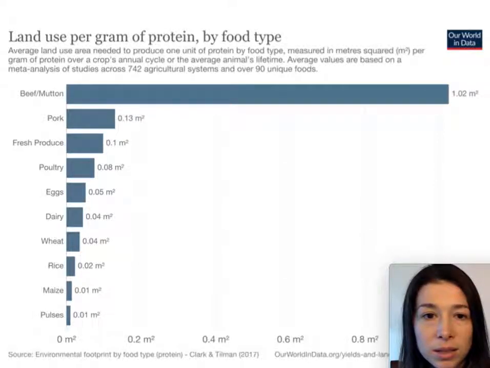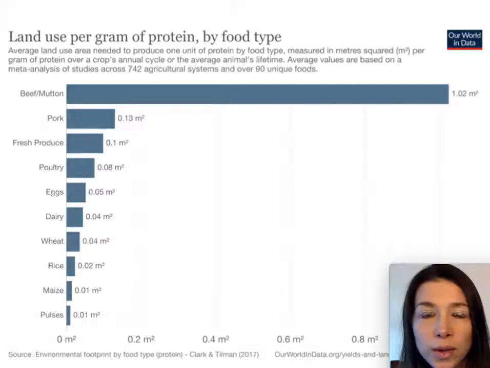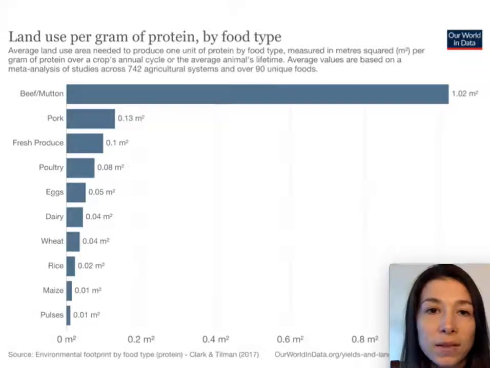In this case they're looking at a gram of protein. So for beef you actually require almost 100 times more land because of that highly inefficient trophic transfer of energy. And in general, these extremely large animals are pretty inefficient.